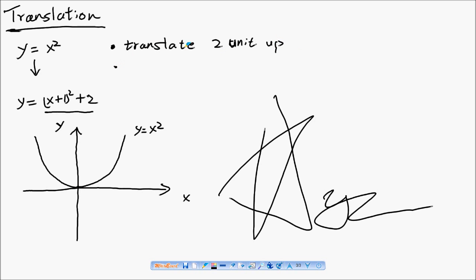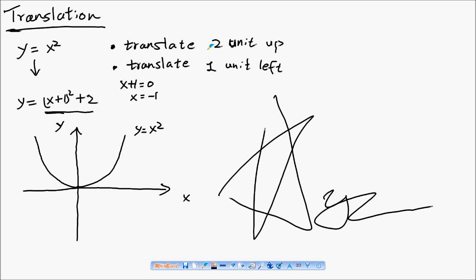We call this the vertical translation, and we also have a horizontal translation. The point is, in horizontal translation, you have to make whatever is in the bracket equal to 0. For instance, x plus 1 equals 0 and x equals minus 1. So we translate 1 unit left. If it's positive it's right, but we have a negative value, so it's left.